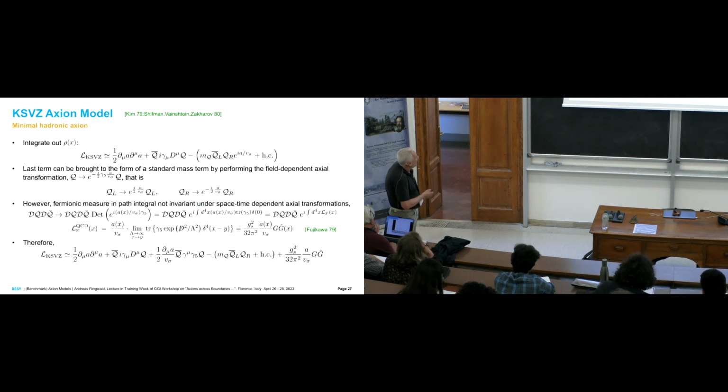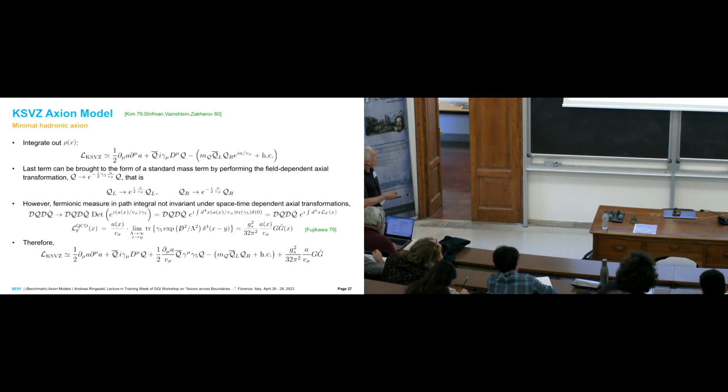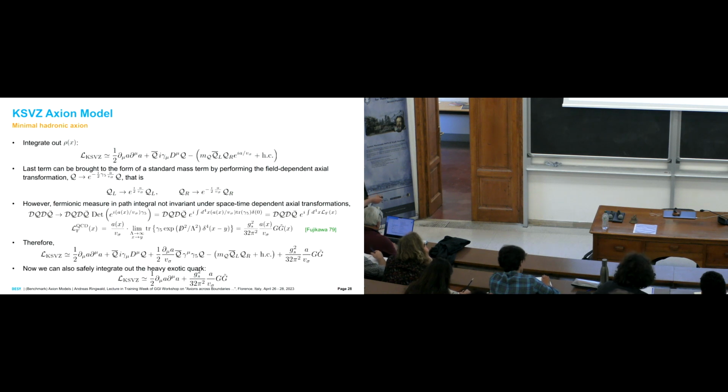And from the non-invariance of the path integral, we get this coupling of the axion to the topological charge density in QCD, chi dual. And of course, this term we can also understand because it comes just if we insert this transformation in the kinetic term. We get from the kinetic term this 1/2 d mu a V sigma term, which we also saw popping up several times in Giovanni's talk. So now we can safely integrate out the heavy quark.